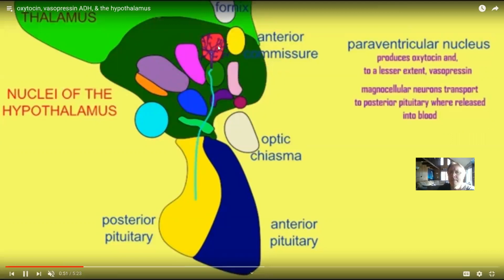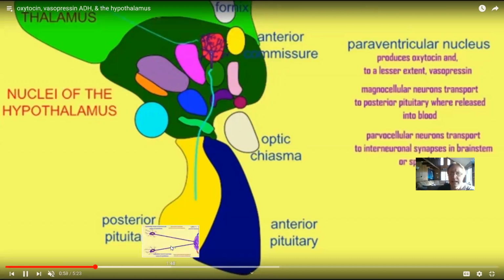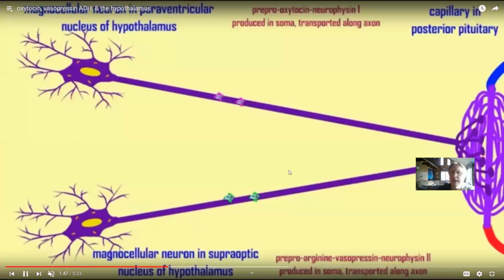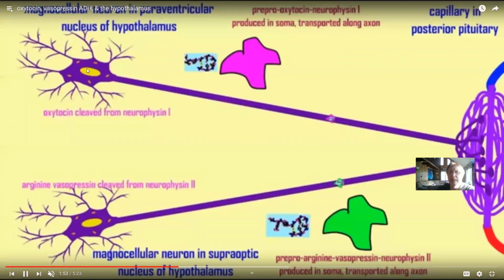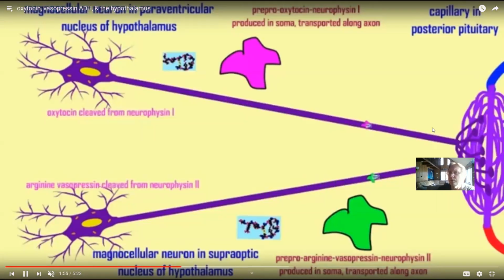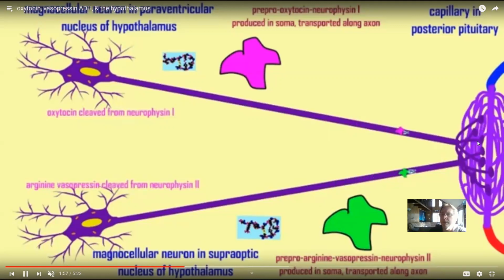Once again, they are made in the hypothalamus, but then axons will project to the posterior pituitary, where they will be released into the blood. And so they can be made here in the hypothalamus, travel to the posterior pituitary gland, and then are released into the blood here.